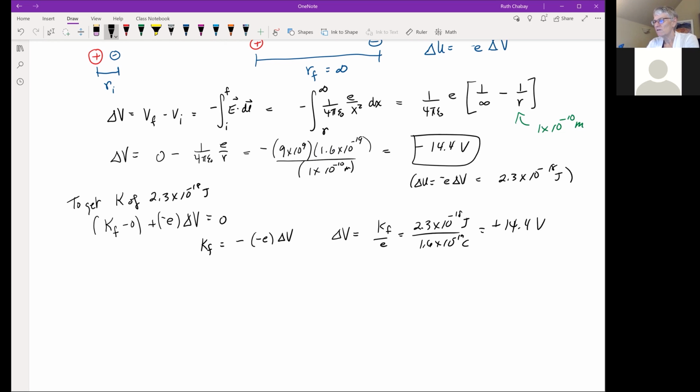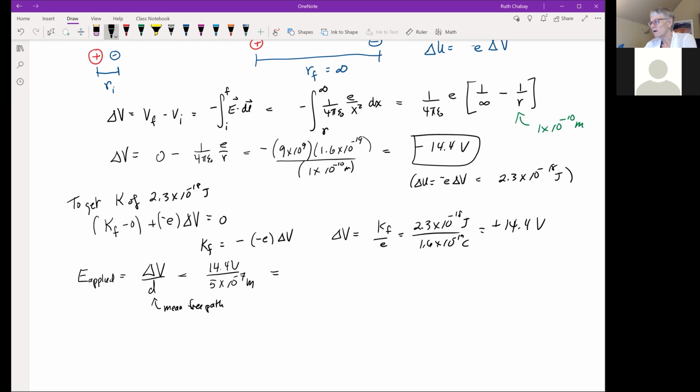Well, now we can solve for the applied electric field, because that's just this potential difference over d, which is the mean free path, which is how far the electron gets to travel before it collides. So that's 14.4 volts divided by 5 times 10 to the negative 7 meters.